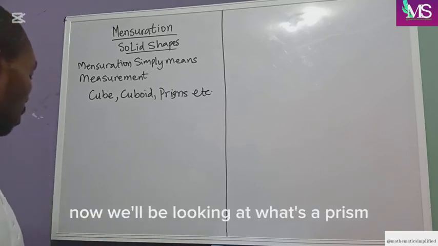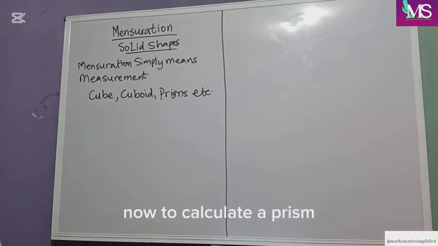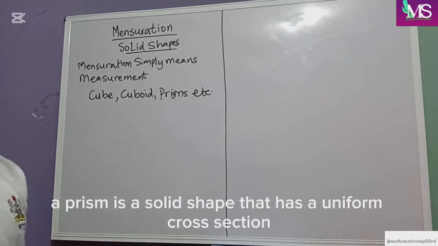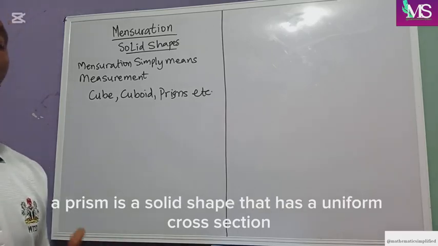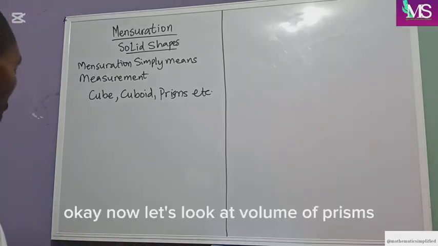Now, we'll be looking at what a prism is. How do we calculate the volume of a prism? First off, a prism is a solid shape that has a uniform cross section. Okay, now let's look at volume of prisms.